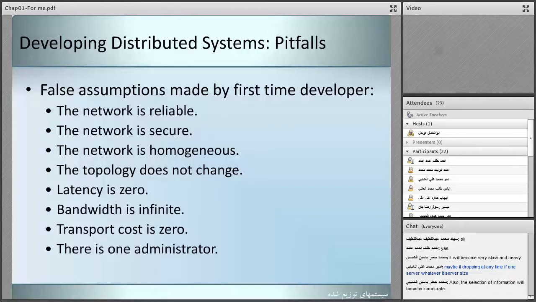The network is homogeneous. The topology does not change. Latency is zero. Of course not, latency in the network is not zero. Bandwidth is infinite. It's limited. Transport cost is zero, and there is one administrator. These are false assumptions that may be made by a first-time developer in distributed systems.